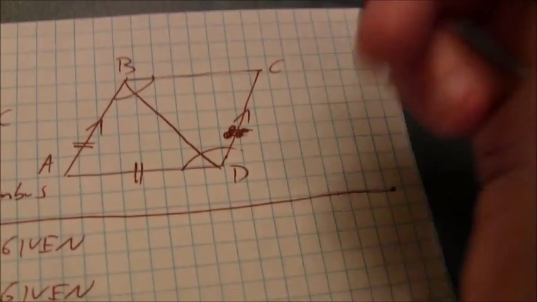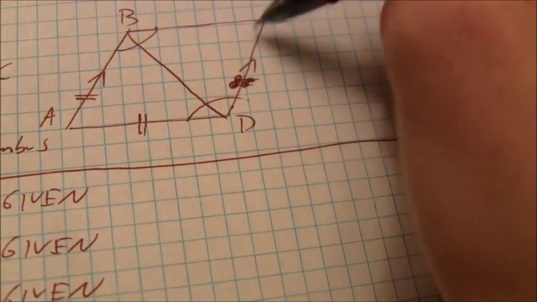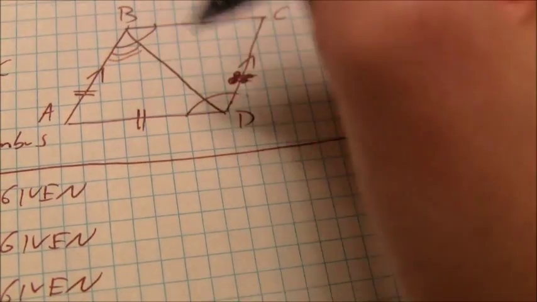Because of my parallel lines, I know that the alternate interior angles, this sideways Z, are going to be congruent.